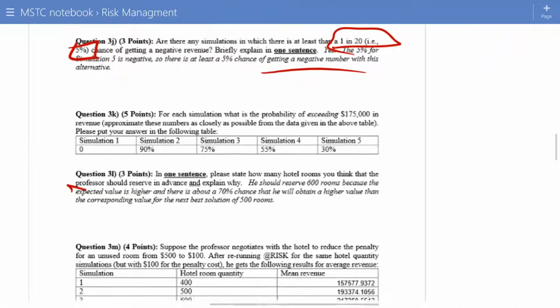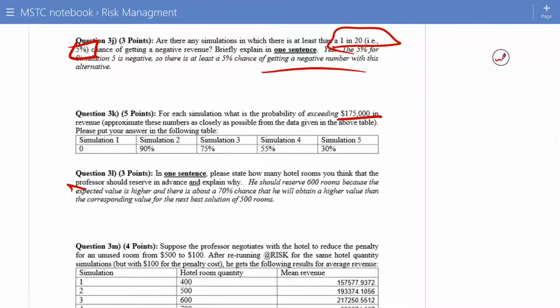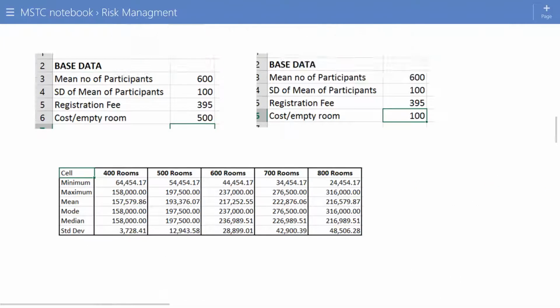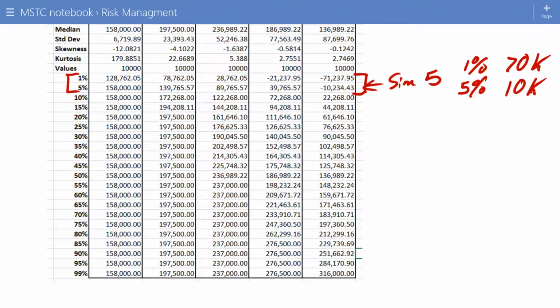The next question is, for each simulation, what is the probability of exceeding $175,000 in revenue? Please put your answer in the following table, Sim 1, 2, 3, 4, 5. So you're looking for this value in that same data table, and you will find here it doesn't in any case reach 175, so your answer is 0.